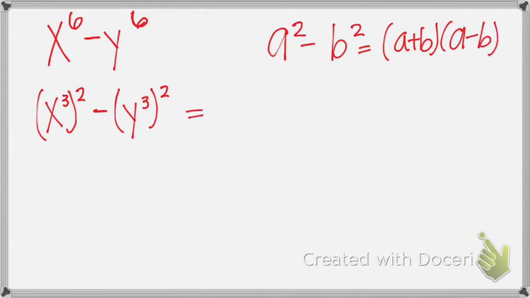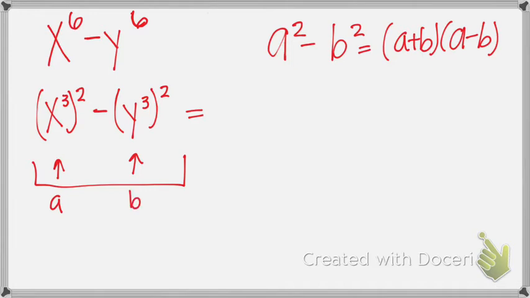So this is kind of like what we did yesterday, where we're just swapping forms. In this instance, what is the a value? X cubed, okay? And what's the b value? Y cubed.